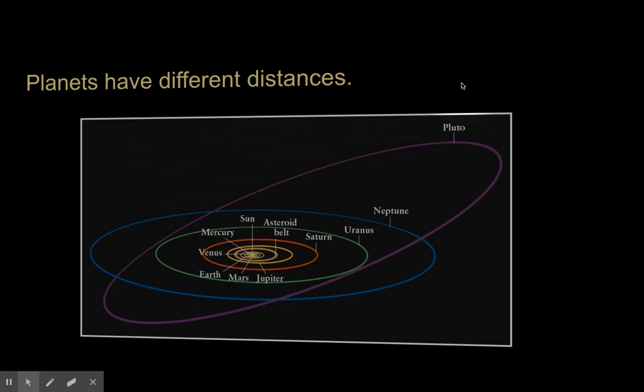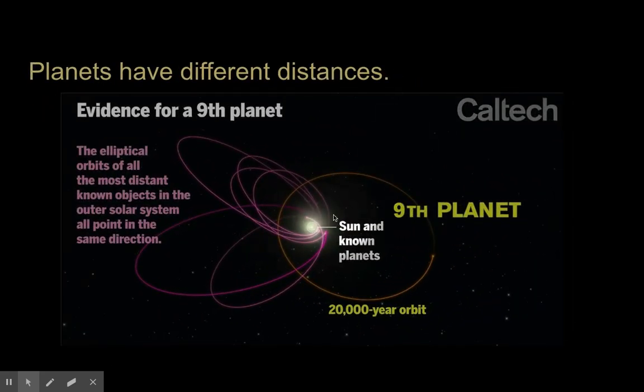And if we throw Planet 9 into the mix, now, if you take a look here, the sun and all of the known planets are all in this bright yellow area, all right? And Planet X, or Planet 9, is way out here. And you can see in this image that we got from Caltech that, we know that one Earth year refers to the time that it takes the Earth to make one complete revolution around the sun.